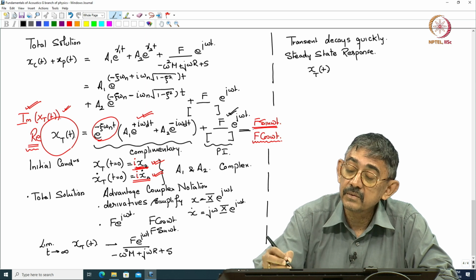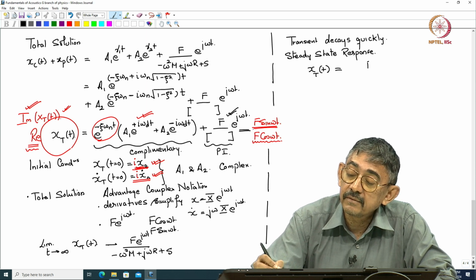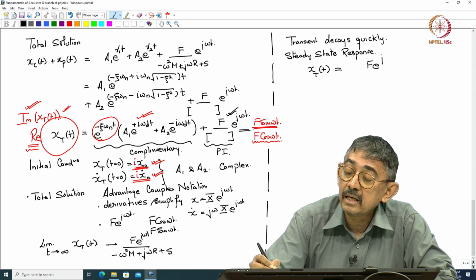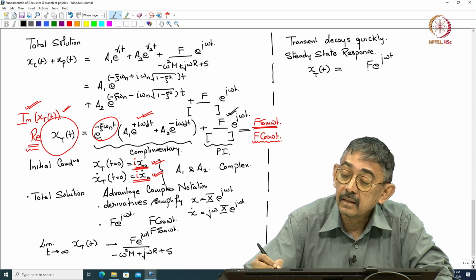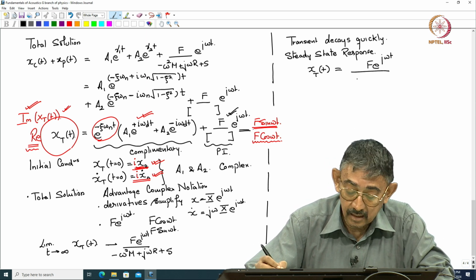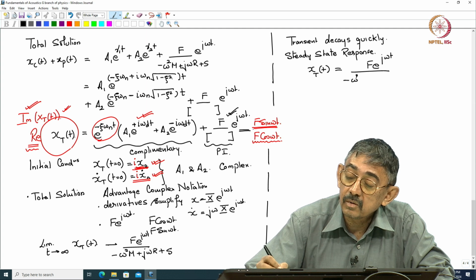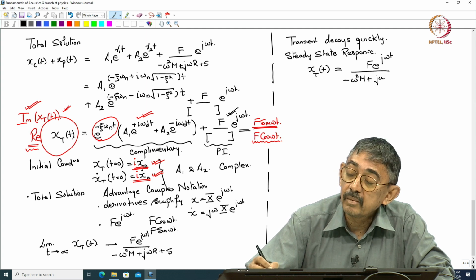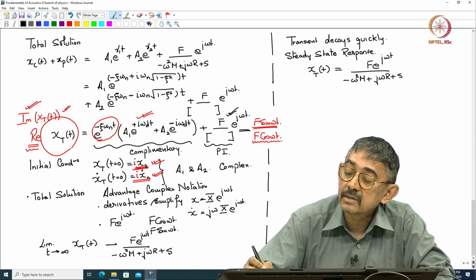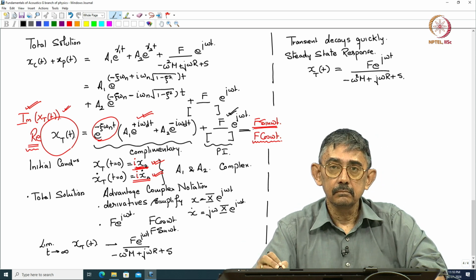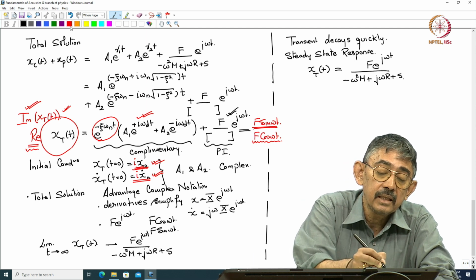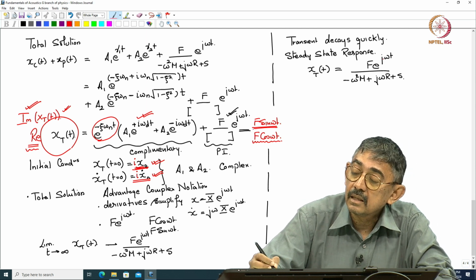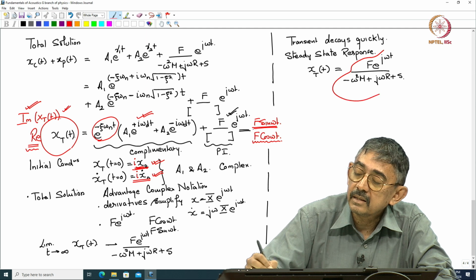Steady state response is this f e to the power of j omega t divided by minus omega square m plus j omega r plus s. Now, there is a lot of information in this bit over here.